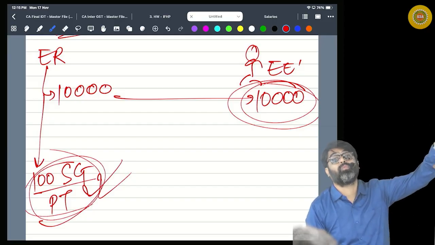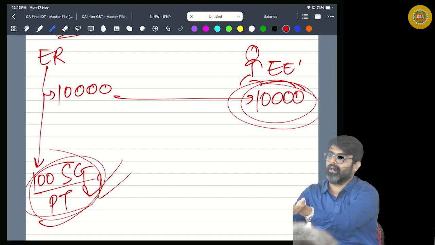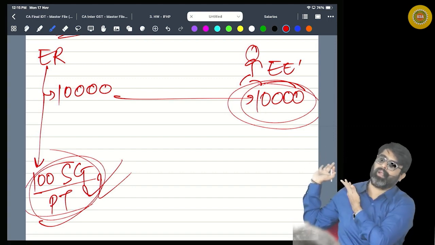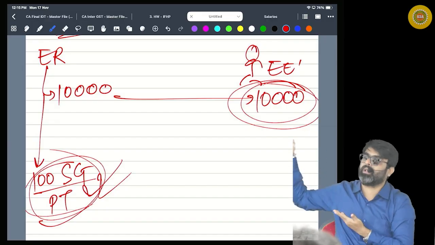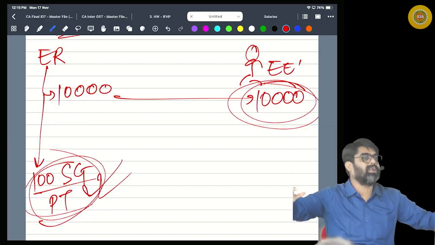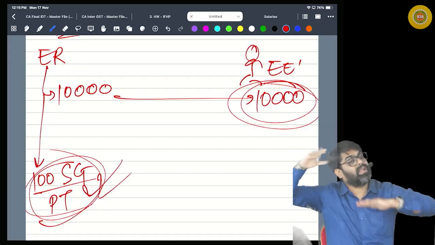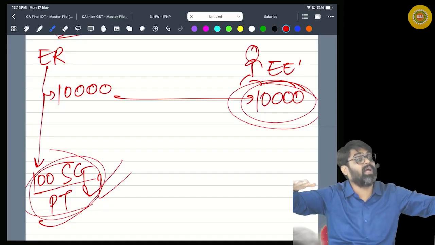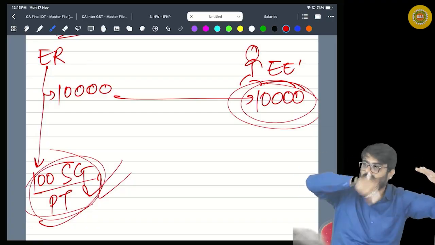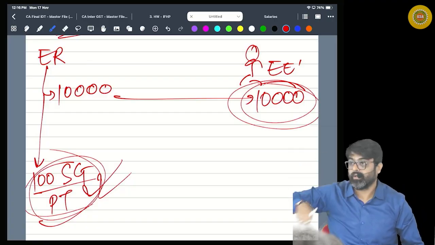If you would have got 10,100 and out of that paid 100, that would have been allowed as a deduction. So out of your 10,000 which is coming in your hand, 100 rupees paid by the employer on your behalf, your salary is not taken as 10,000, it is taken as 10,100. Out of this 10,100, 100 rupees is already paid to the state government in the form of professional tax.